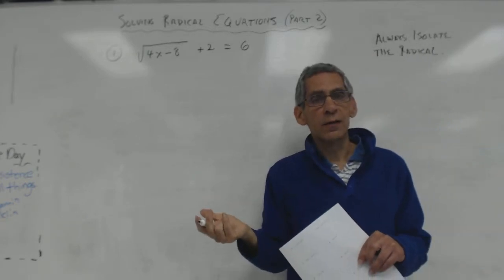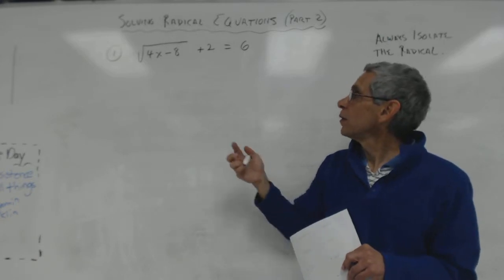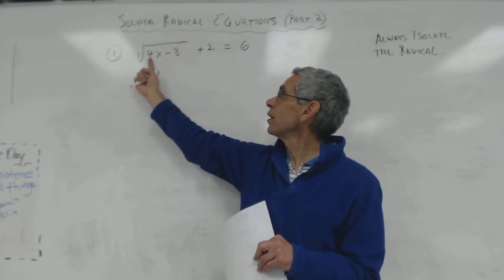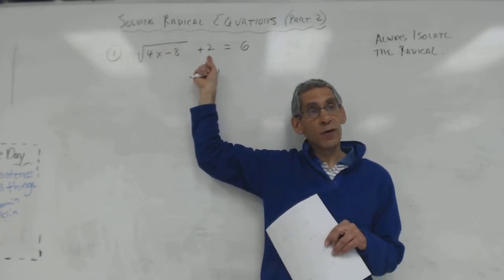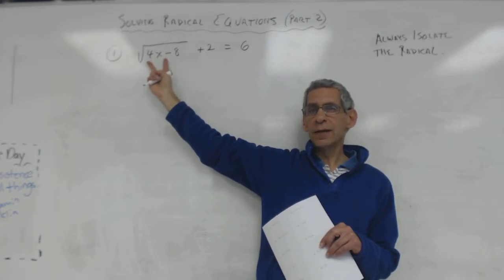So what does that mean? Yes, Ben. You would first have to subtract the 2. This is my radical, the thing that has the square root sign and everything underneath it. This is not my radical. And this has to be isolated. And isolate means what again? It's by itself. All by itself, right?